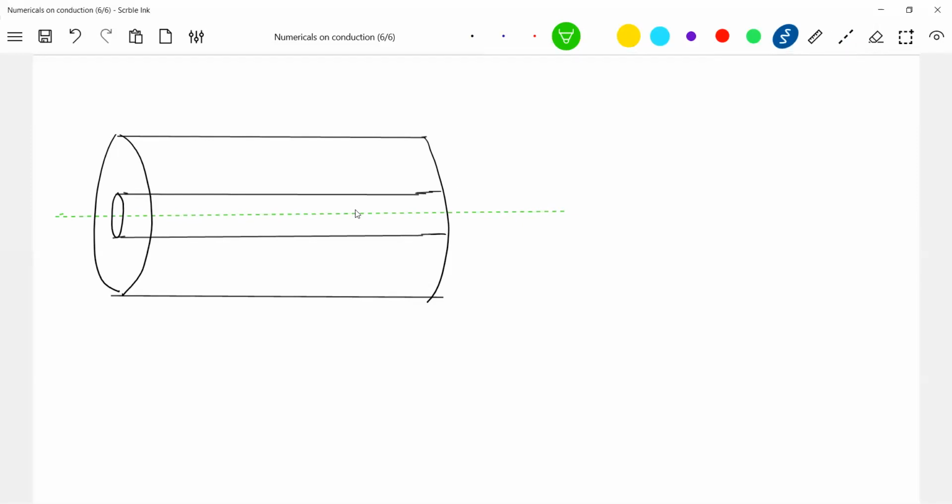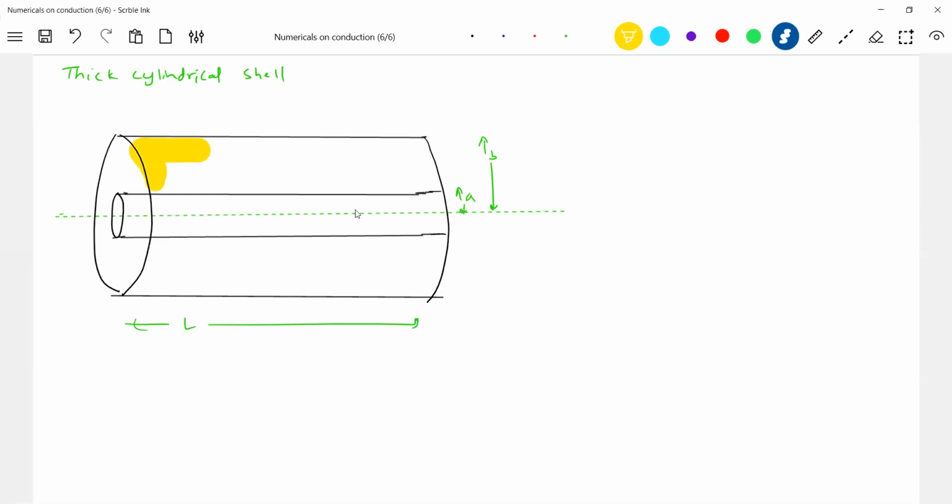This is the axis, the inner radius a and the outer radius b. It is a long, thick cylindrical shell. Where is the material? The material is present only here.